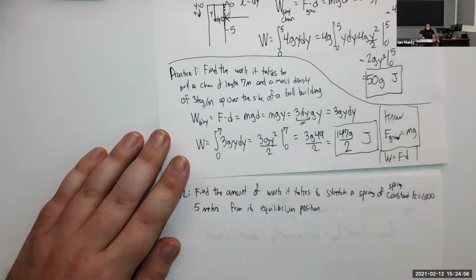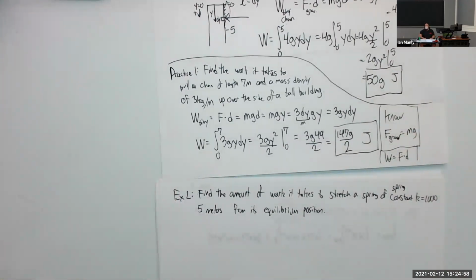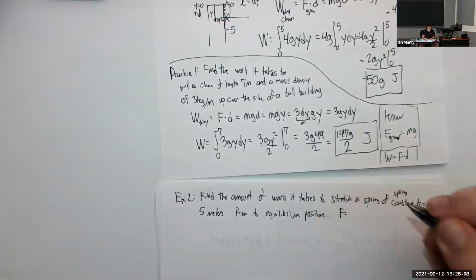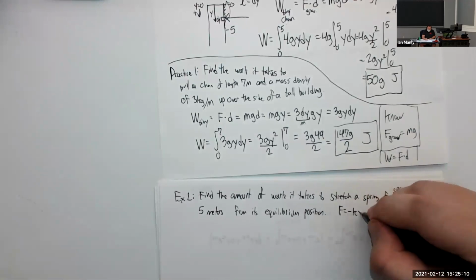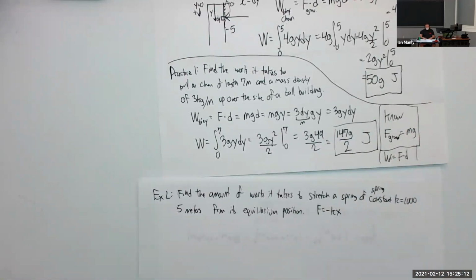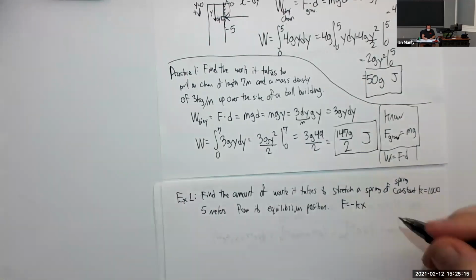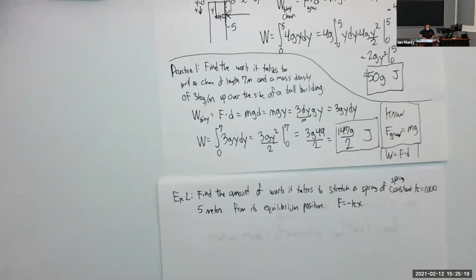But if we do any other kind of force other than gravity, we'll provide you with the formula for that. So if we're doing a spring or some other random force, then we'll give you what that is. The force exerted by a spring that's being stretched is negative kx, where x is how far it's being stretched from equilibrium, and k is this constant right here.